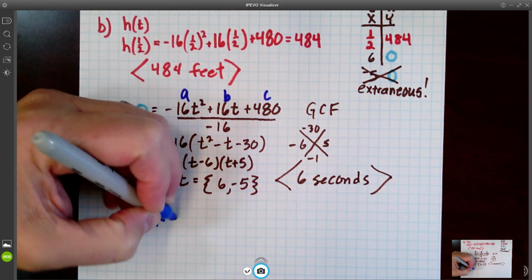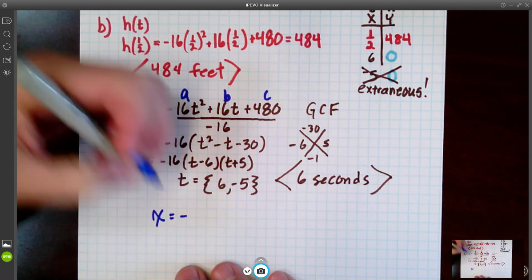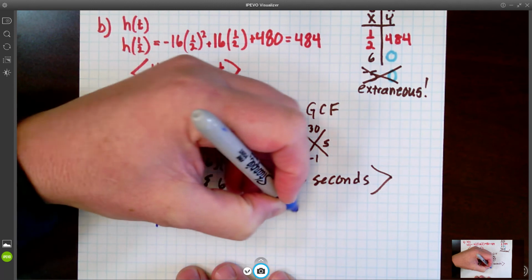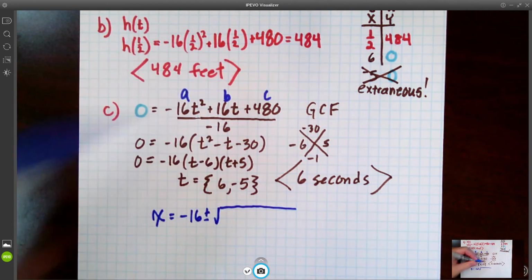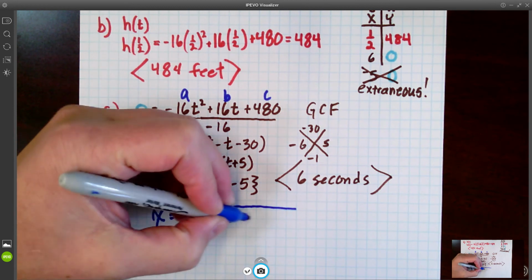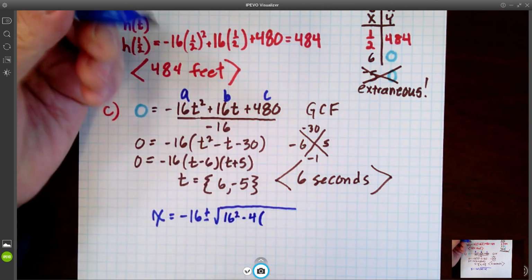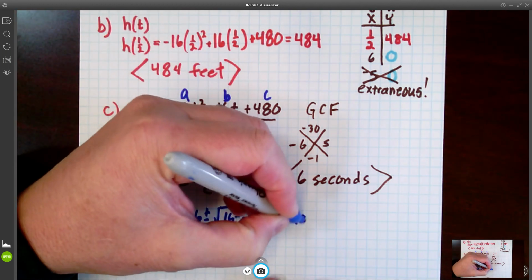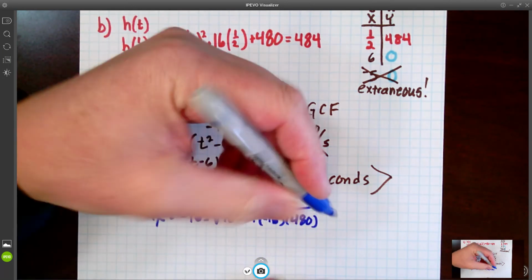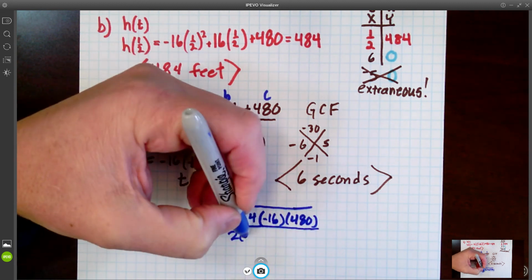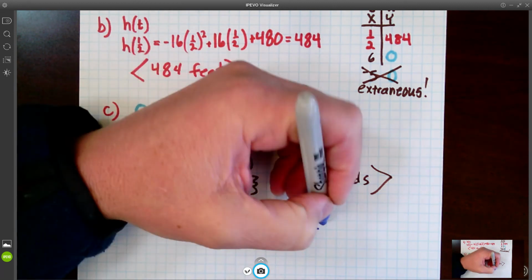Quadratic formula: x equals negative b, so negative 16, plus or minus the square root of b squared, which is 16 squared, minus 4 times a, which is negative 16, times c, which is 480, all over 2 times negative 16, or 2 times a.